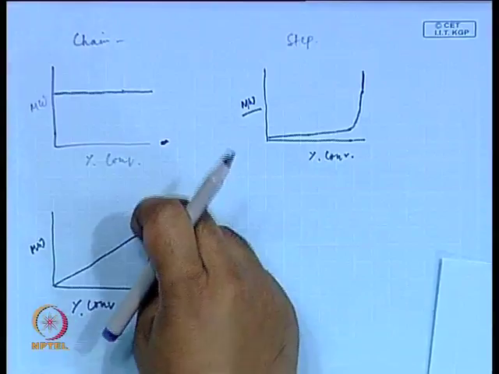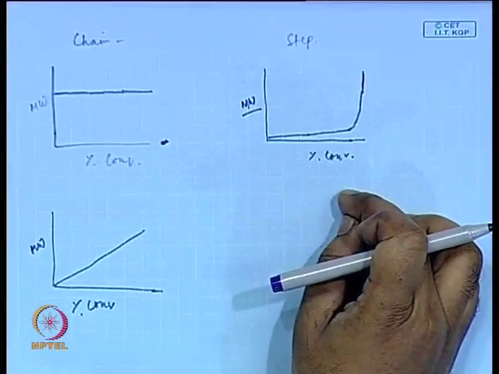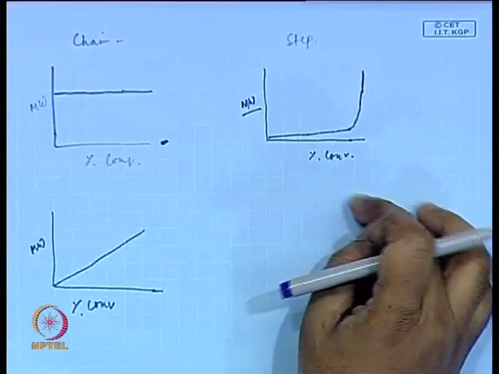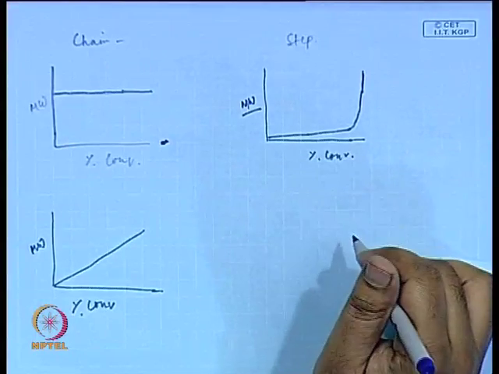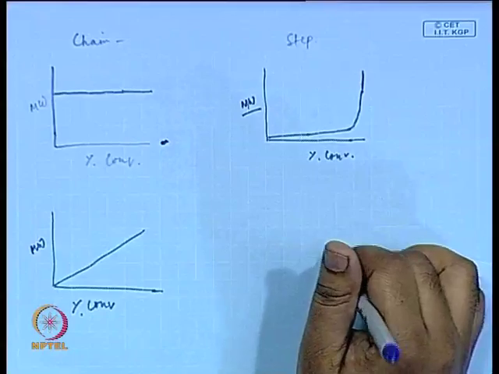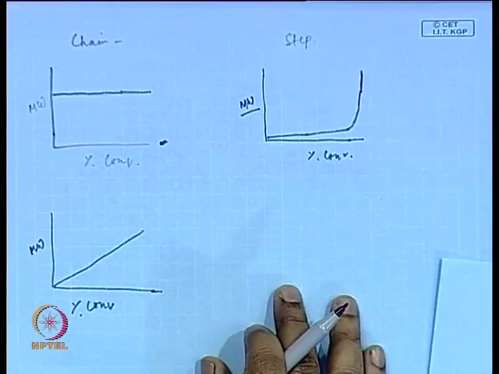As more and more monomers get added to the reactive chain ends, your polymer chain increases linearly. And for this to happen, the reactions responsible for chain termination, by terminating the reactive end groups, have to be absent, so that the polymer chain can increase linearly.